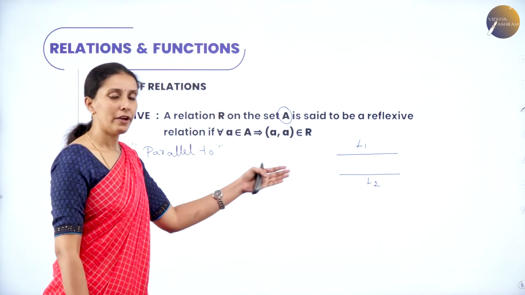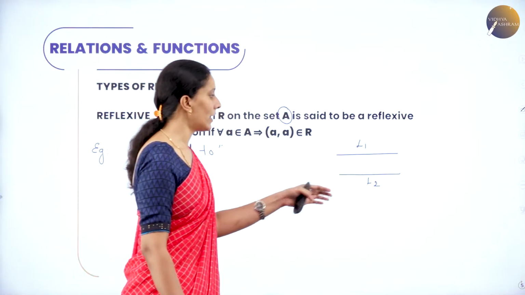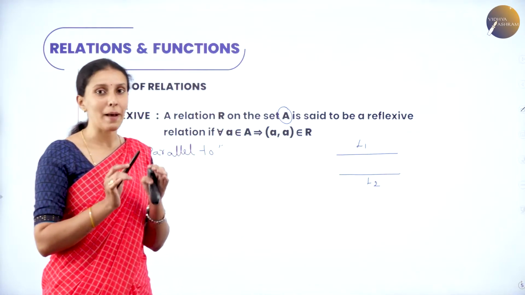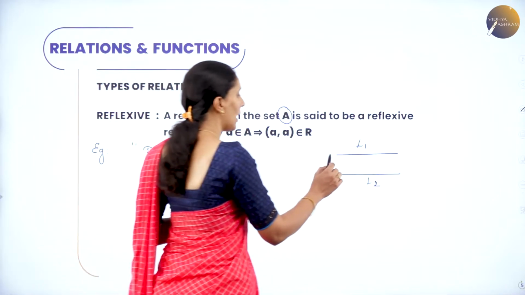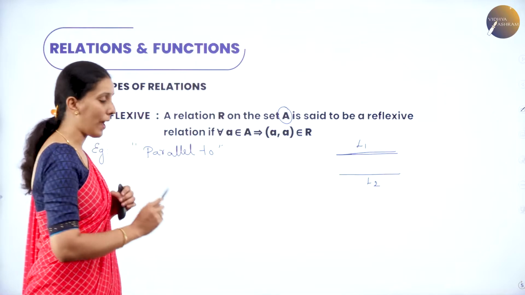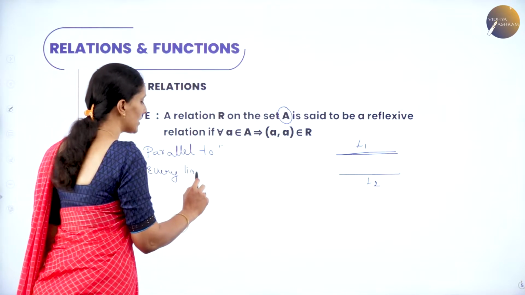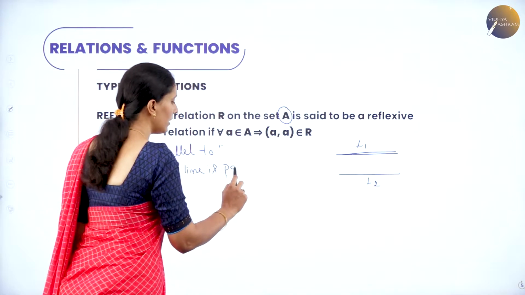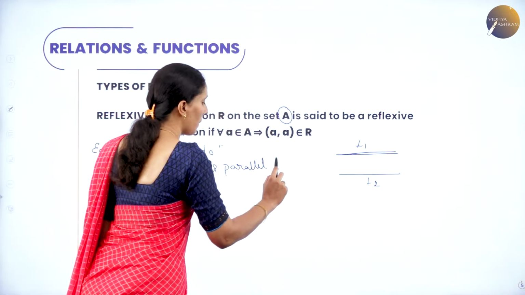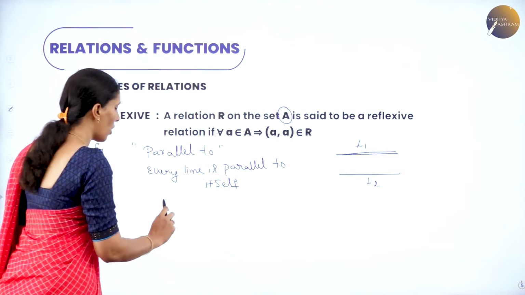Parallel to, that is L1 is parallel to L2, L2 is parallel to L1. Similarly, we know that every line is parallel to itself, because a line drawn again on the same line L1 is again parallel. Since every line is parallel to itself, that means what?